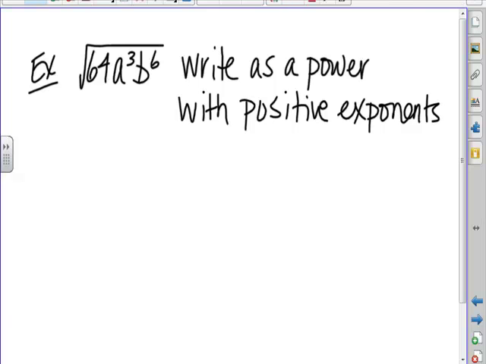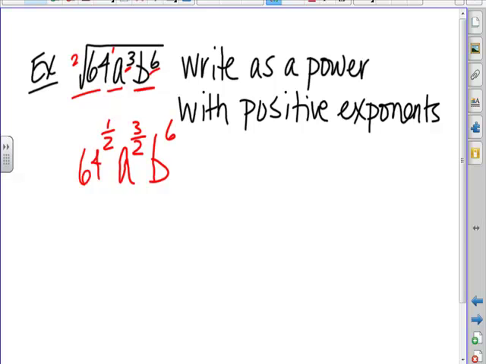So to me, I think maybe the easiest approach would just be to say, okay, that really is a 2. Now, hopefully you're going to realize, oh yeah, the square root of 64 is 8, but just to go across the board here, I'm going to rewrite that as 64 to the half power, times a to the power 3 root 2 times b to the power 6 root 2.